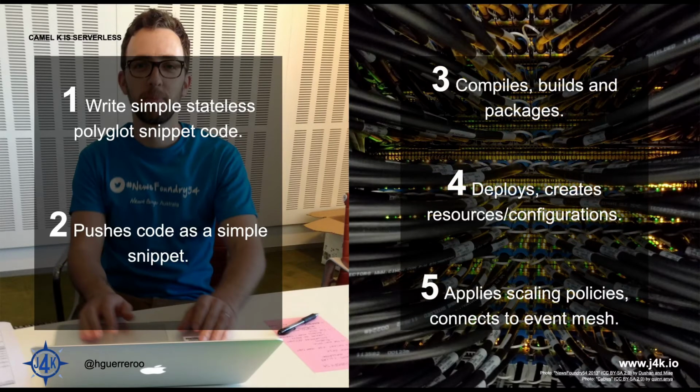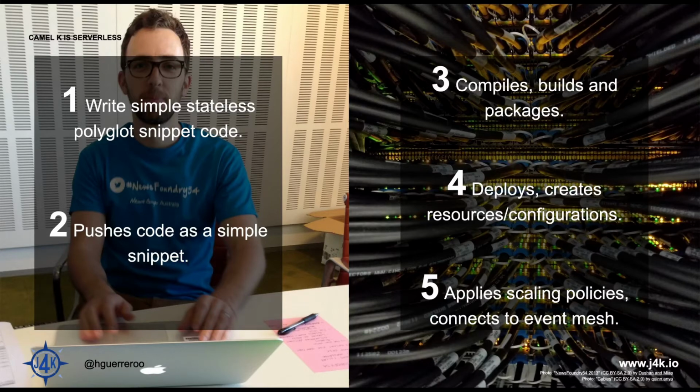So the platform should be able to take that snippet of code, my application or my function as it is, and compile, build, and package my application with all the required dependencies. It also needs to deploy it and create all the resources and configurations required by the platform to interact with my service or function. It needs to create all this wiring between my application and the actual platform.